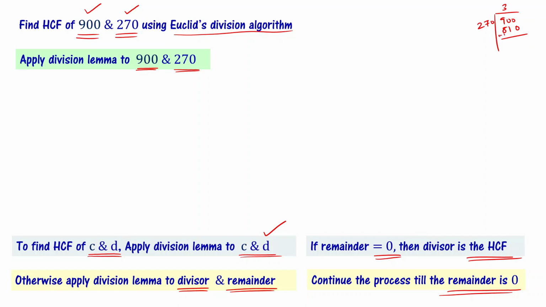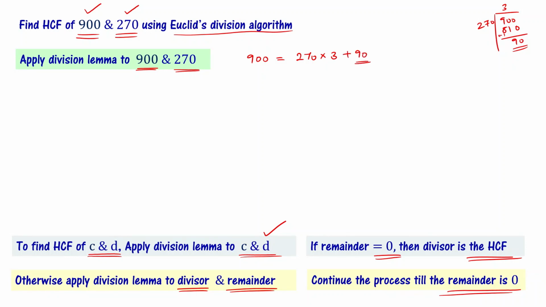When you subtract, what we are getting, 90 as the remainder, right? Now I can write dividend 900 equal to divisor 270 into quotient 3 plus remainder 90.